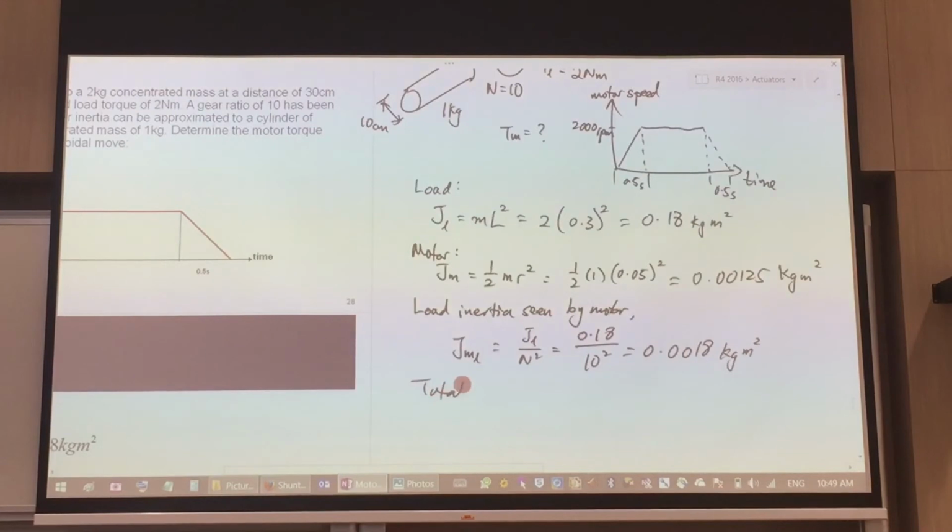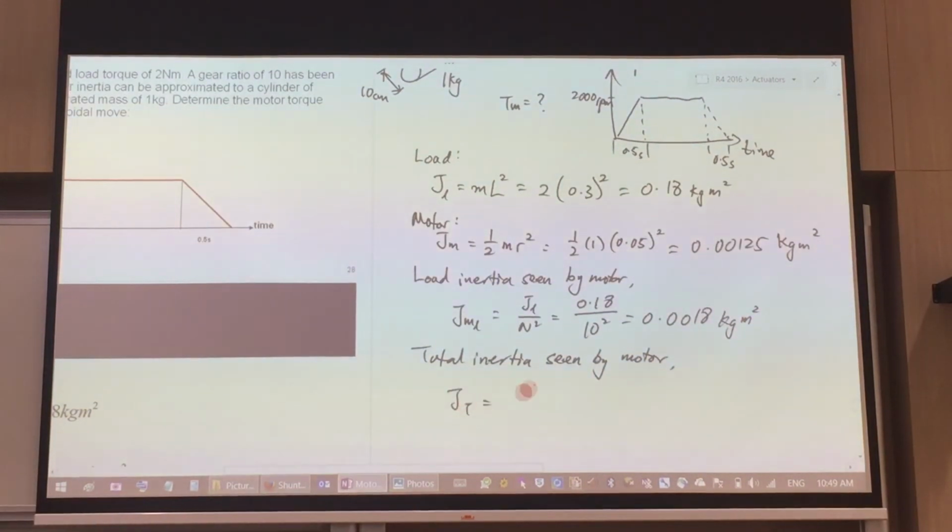So the total inertia seen by the motor now will be JT. So JT will be Jm plus JML. That will be 0.00125, that one we saw over here, Jm for the motor, plus the load inertia seen by the motor, that's 0.0018, and I get 0.00305.